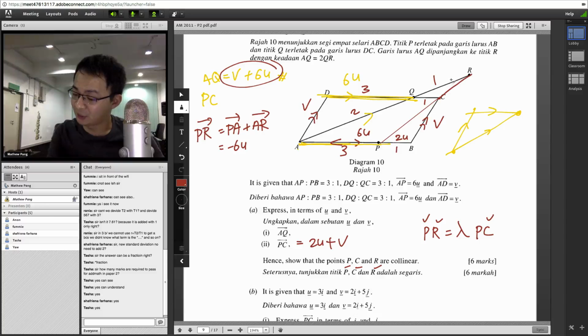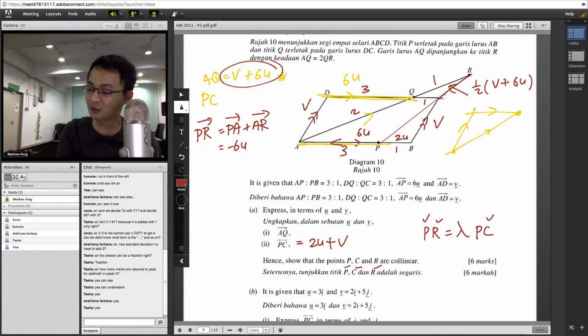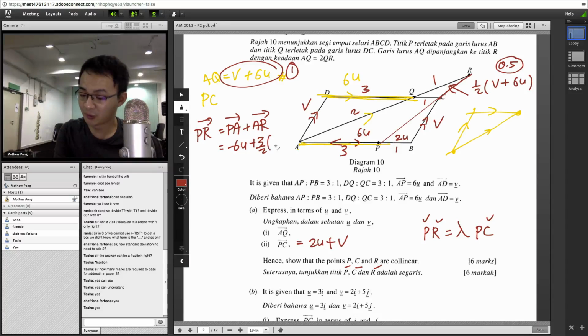So I know QR, from Q to R, will be half of AQ. So half of V plus 6U. So here you have V plus 6U, here you have another half. So total you have 1.5, right? Imagine this is 1, this is 0.5. So you have 1.5, we call it 3 over 2 of V plus 6U.